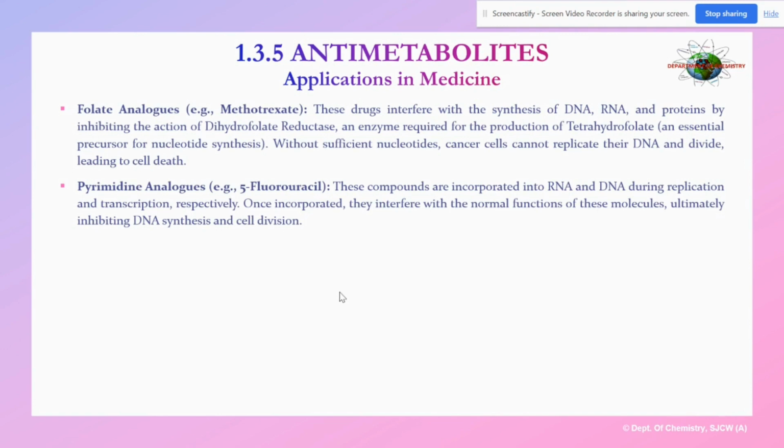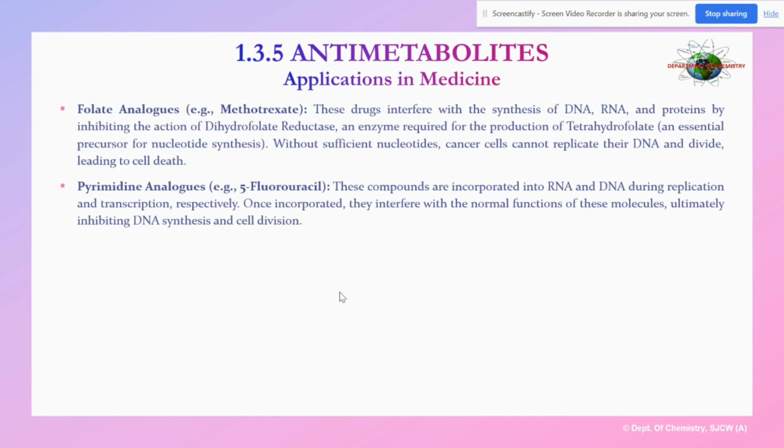Pyrimidine analogs. These compounds are incorporated into RNA and DNA during replication and transcription, respectively. Once incorporated, they interfere with the normal function of these molecules, ultimately inhibiting DNA synthesis and cell division.